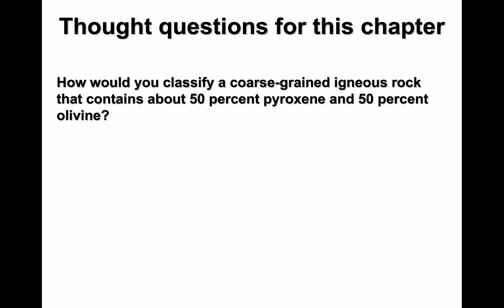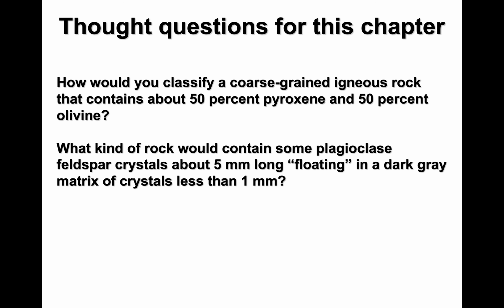So next question is, what kind of rock would contain some plagioclase feldspar crystals which are about 5 mm long, and they are floating in a dark gray matrix of crystals which are less than 1 millimeter in size.